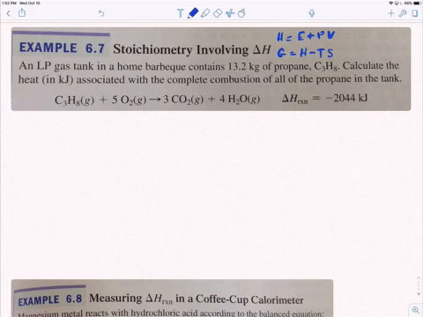Okay, so when you look at this equation here, the other thing with stoichiometry and energy, when you see a delta H or delta E or delta G, delta S, it's always per mole reaction. So it's nice because propane here is a 1, so you're looking at propane, it's exactly that. If we're looking at oxygen, it would be 5 moles oxygen to 1 mole reaction, because that's the whole mole reaction thing.